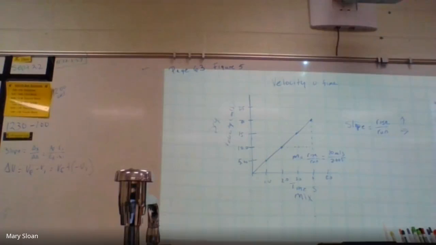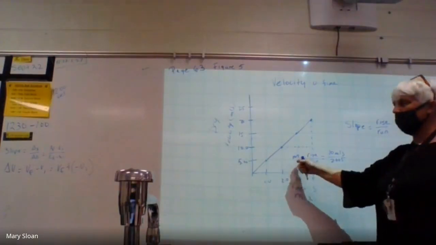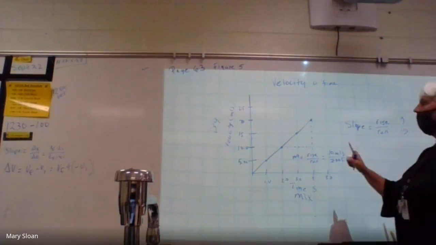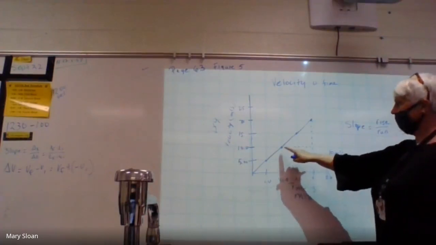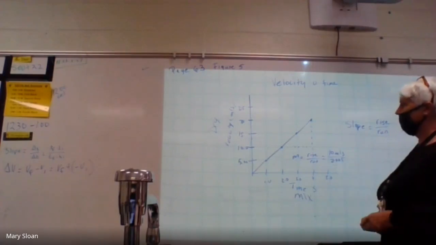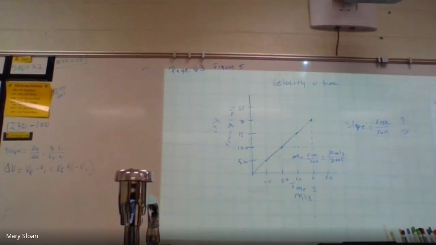So to be able to find our slope, and our slope is represented by this M, you're going to do rise over run. Now, how do we do that? How do we get 10 meters per second and then 2.0 seconds? How do we get that?